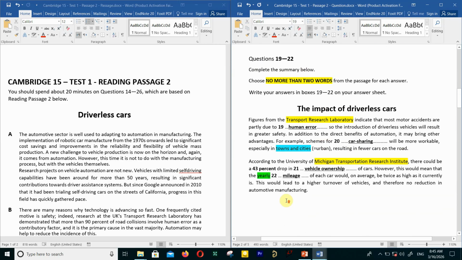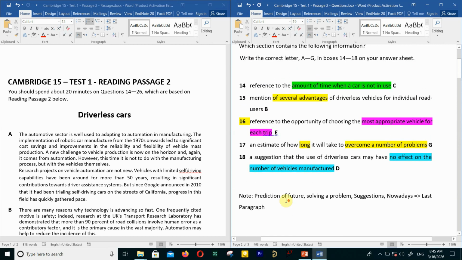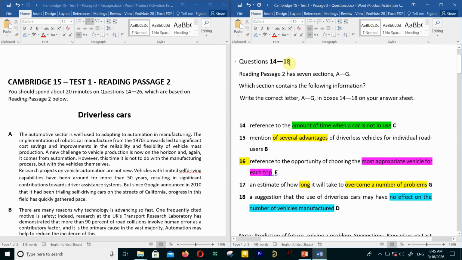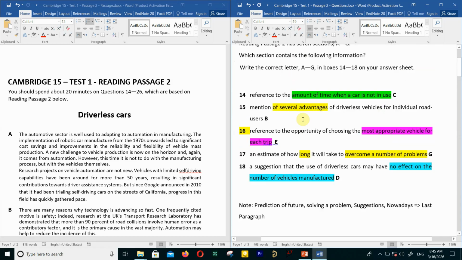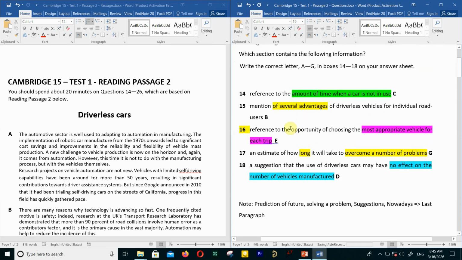Just considering this one, questions 14 till 18. So what are the paragraphs that we choose?